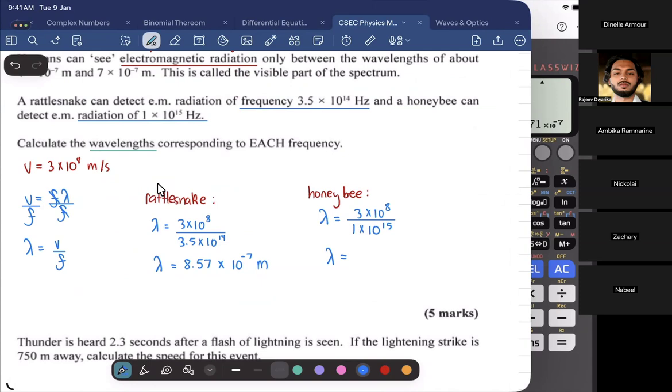Did anybody get an answer? Quick, please. One second. I got 3 by 10 to the power minus 7. Okay, I'll check that just now.